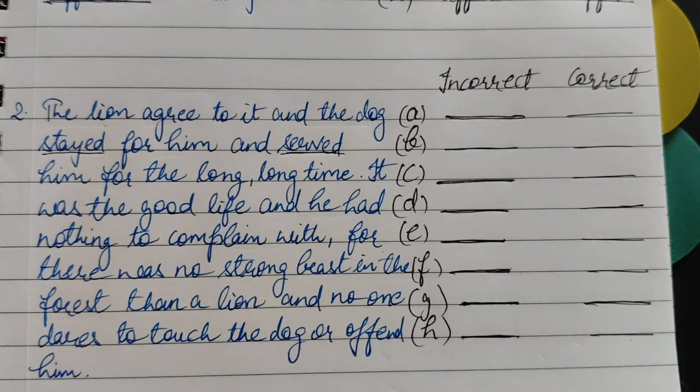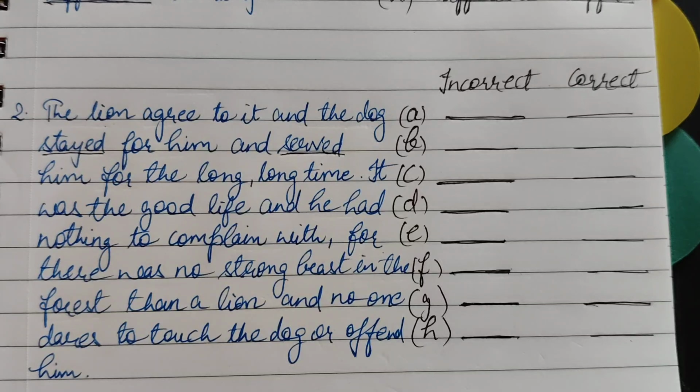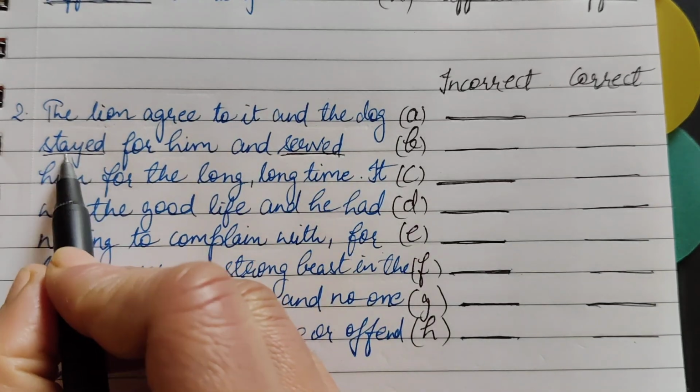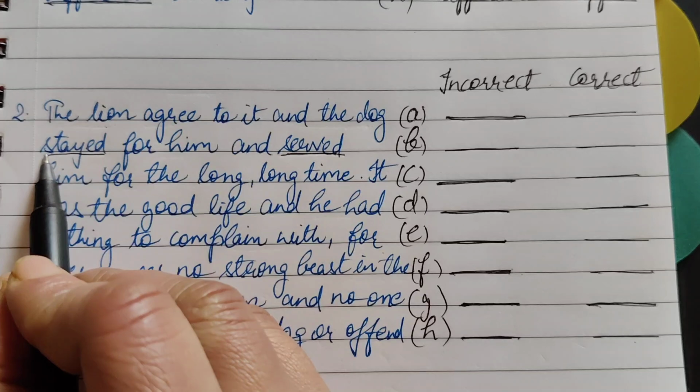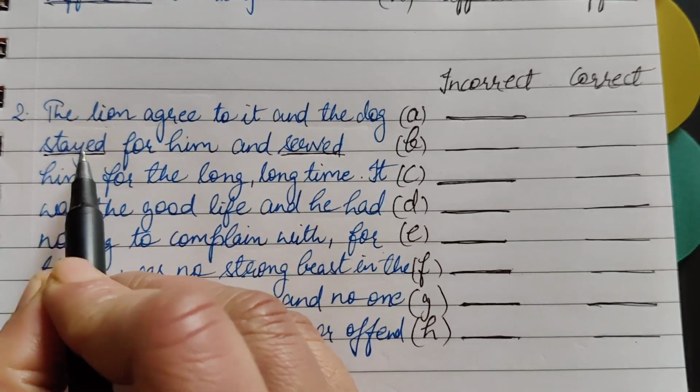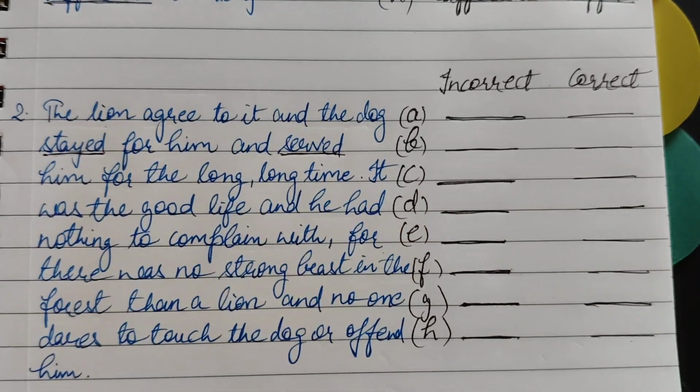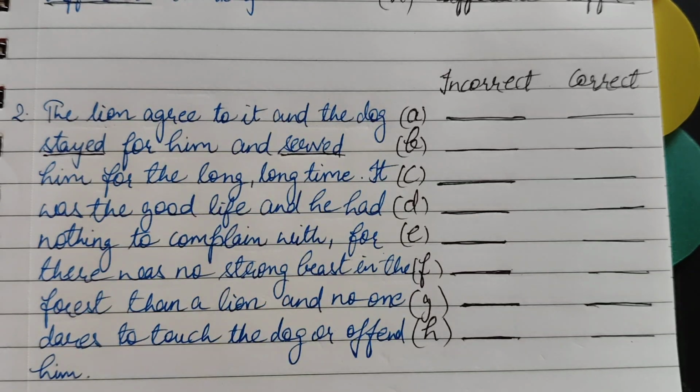Or when the happenings are shown in the story, then sometimes past continuous is also used. So here also I come to know that the second verb form is used, and the second verb form is used only and only for simple past tense, and simple past indicates when the actions had happened in the past.